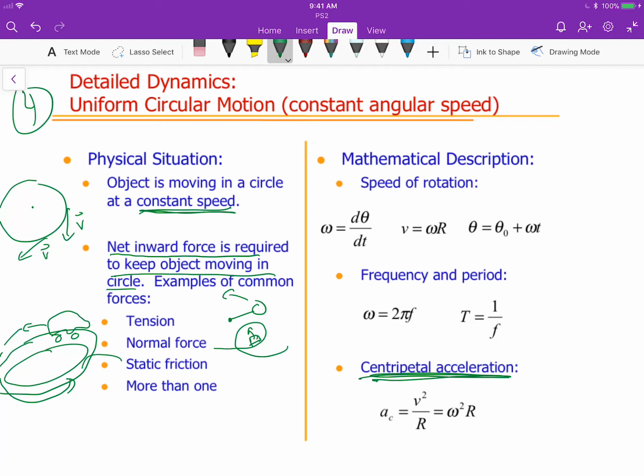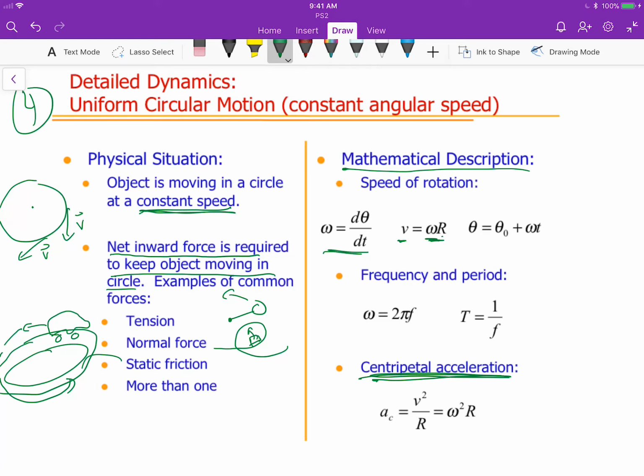And so the mathematical description we have here is we have some angular speed, that's just the change in the angle over time, and we can relate our tangential velocity to our angular speed by just multiplying by r.